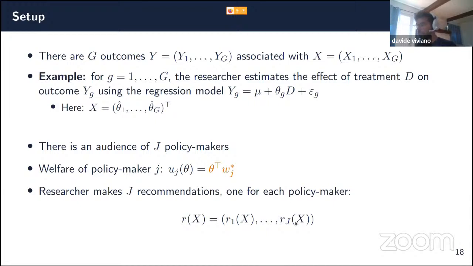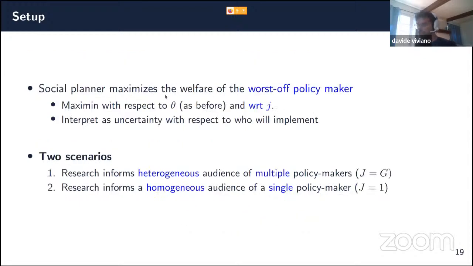Why do we choose this? Because each entry of R needs to be a policymaking recommendation, and a policymaking recommendation arises naturally if we think in terms of multiple policymakers that care about different outcomes differently. So the social problem again maximizes the worst-case welfare with respect to both the treatment effect and the policymaker identity.